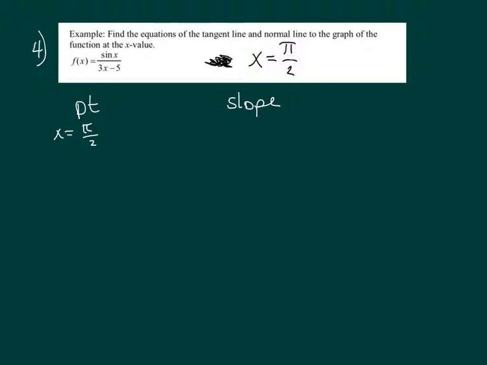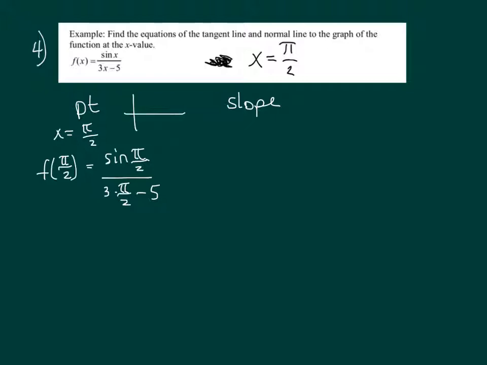What we need to do to find the y, well, y would be f of pi over 2. So that would be sine of pi over 2 all over 3 times pi over 2 minus 5. We need to remind ourselves what the sine graph looks like so we can evaluate sine of pi over 2.